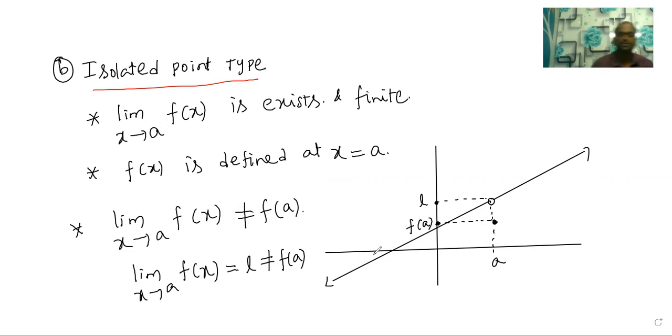If you observe this thick dot, it denotes the point a comma f of a. At exactly x equal to a, the graph is just a dot, and it is situated isolatedly. And this is the remaining part of the graph.